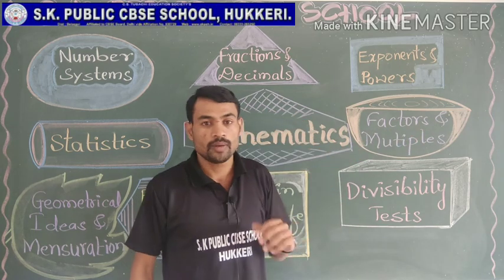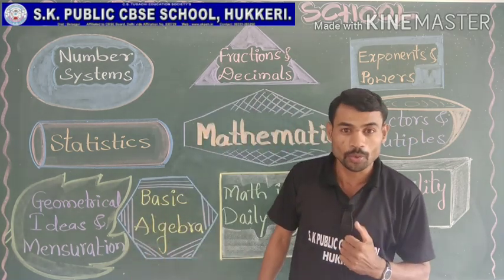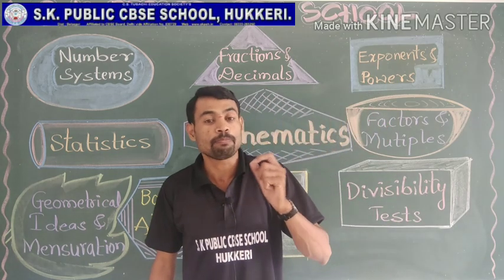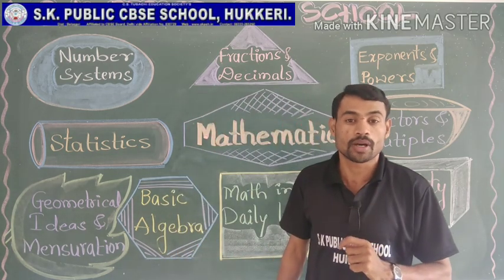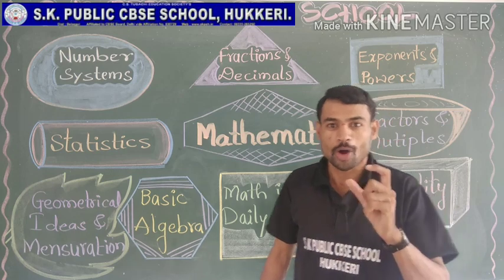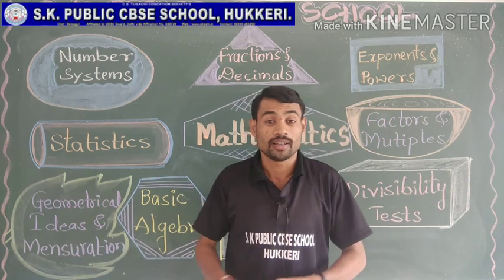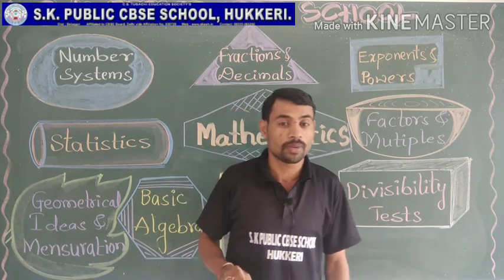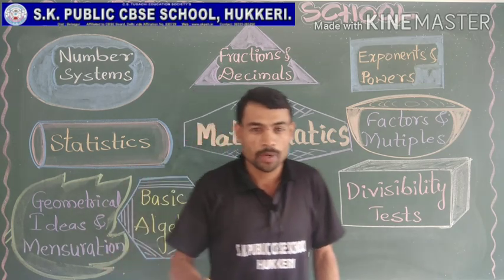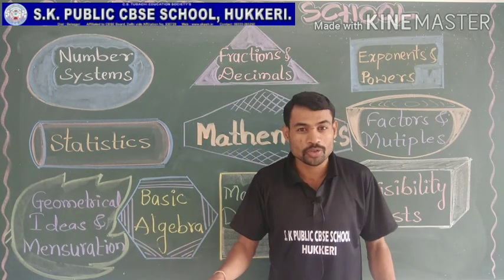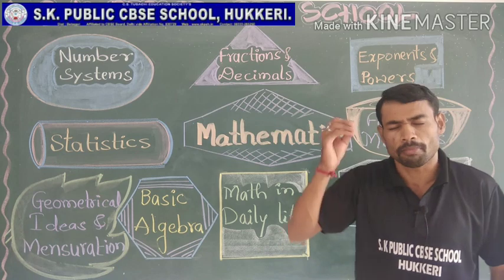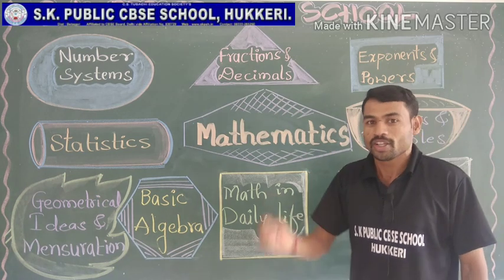Again in this chapter we have to study the prime factorization of some numbers. What types of numbers are there? Composite numbers, which you have already studied. There is a variety of numbers: odd numbers, even numbers, prime numbers, composite numbers, perfect numbers. Many types of numbers you have studied.